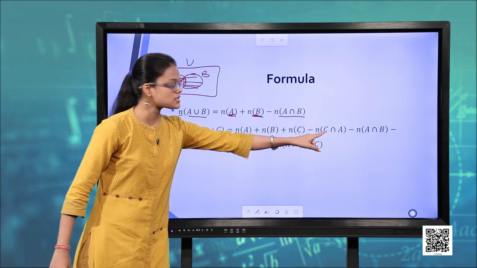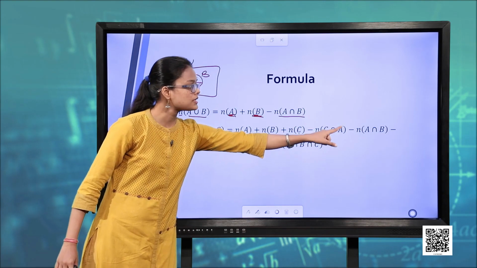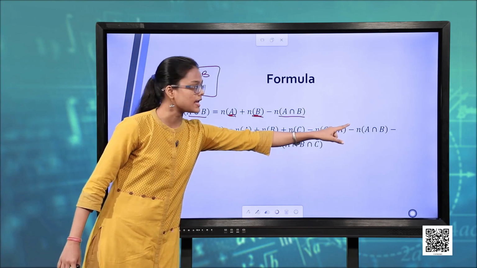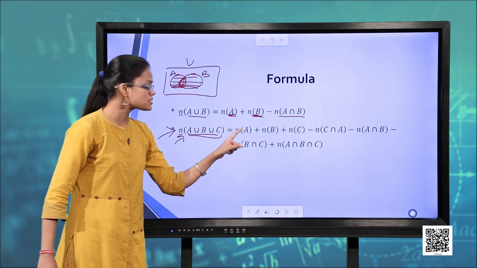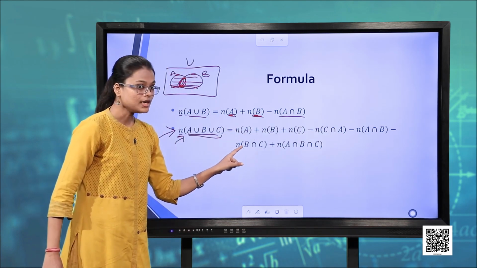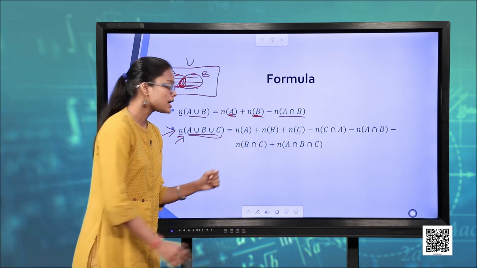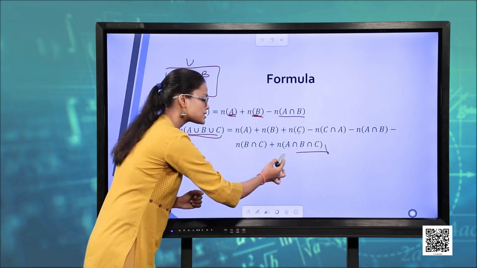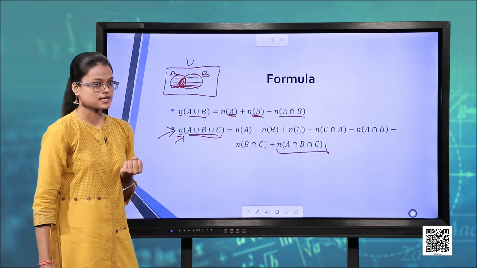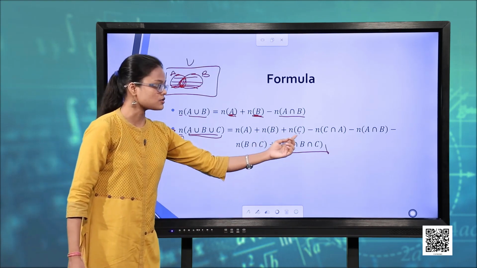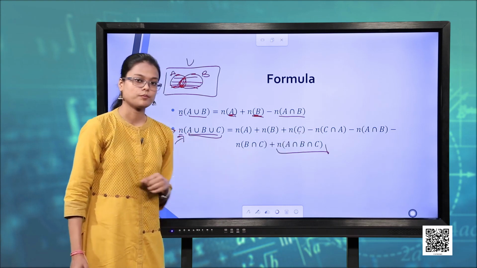Minus the number of elements in A intersection C, minus the number of elements which are common in A and B, so A intersection B, minus the number of elements which are in B intersection C, plus the number of elements which are common in all the three sets, which is A intersection B intersection C.